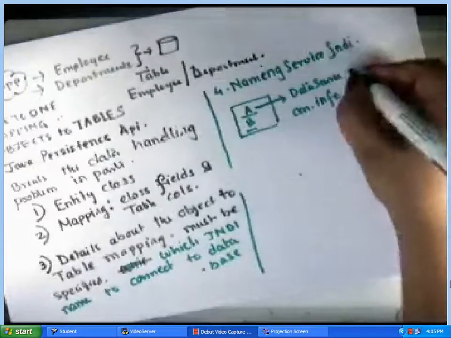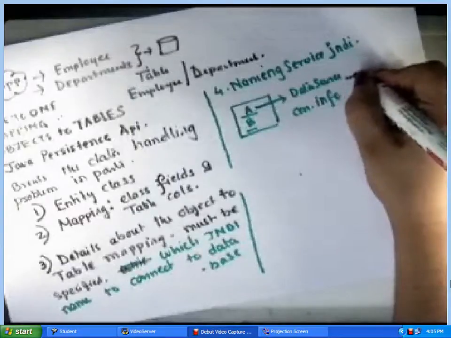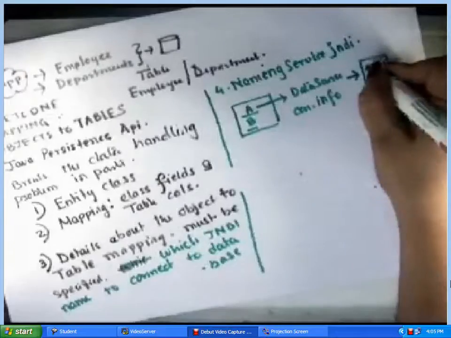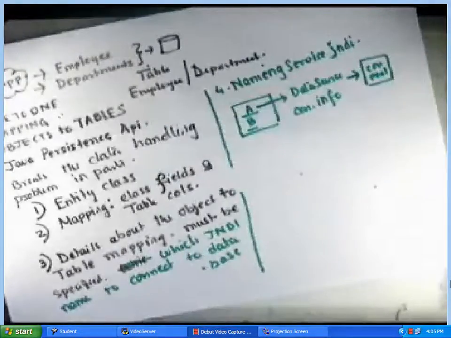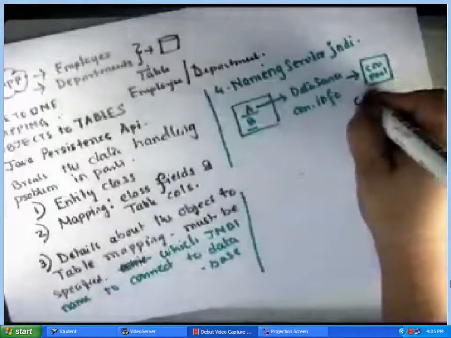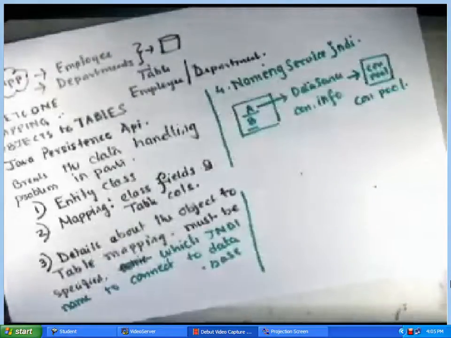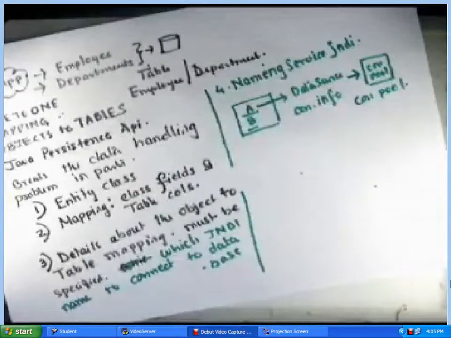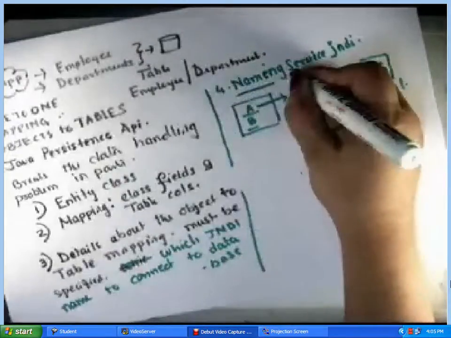And at the same time it is going to tell us that this data source will be mapping further to which connection pool, right? So it tells us which connection pool will be used. Now which data source is going to be connected to access the connection pool, and what are the reference names available so that we can just directly connect. So the entire process is managed by the JNDI naming service.